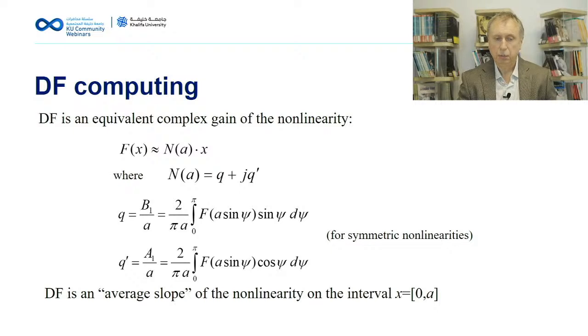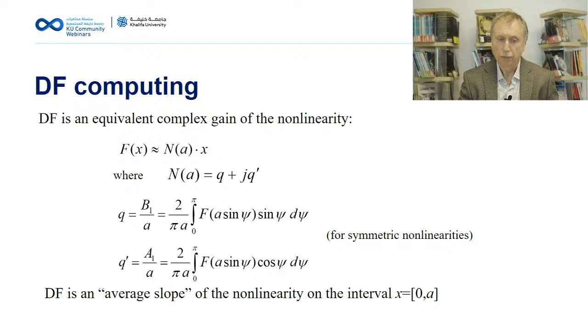By doing this, we replace the nonlinearity by a linear coefficient, which is complex in the general case. However, it retains the nonlinear dependence on the amplitude. It's not a constant coefficient; it depends on the amplitude of the input signal.